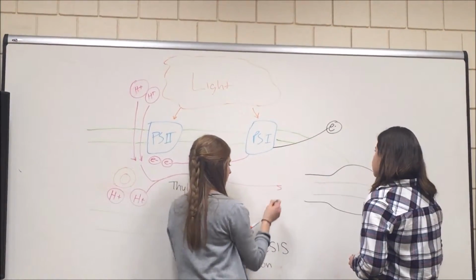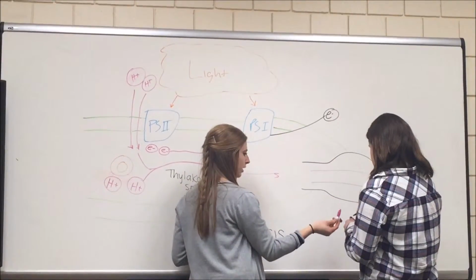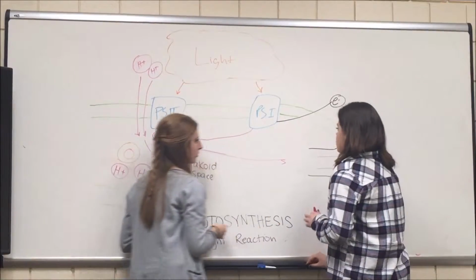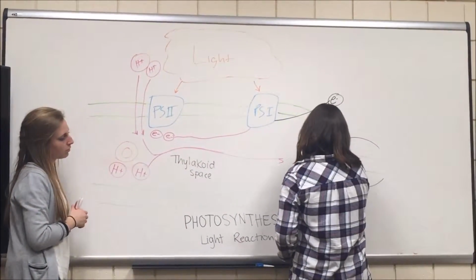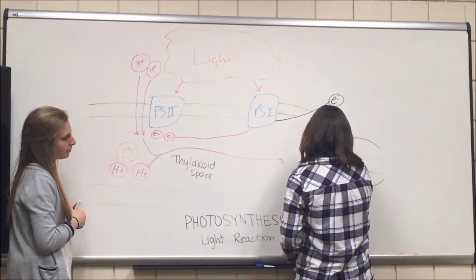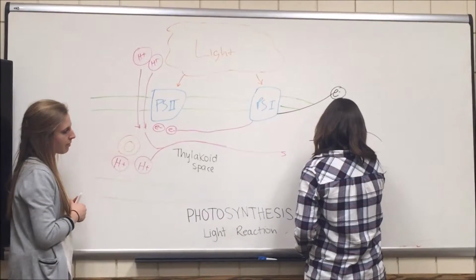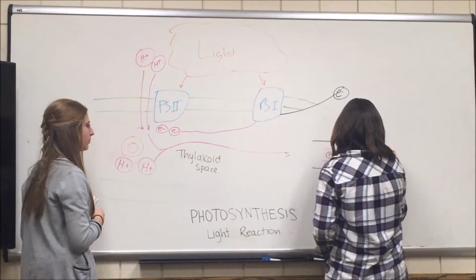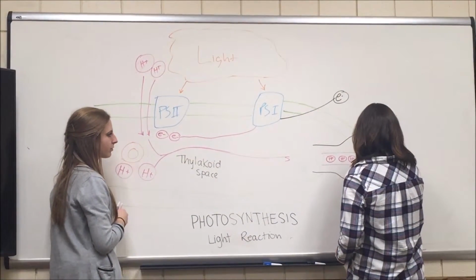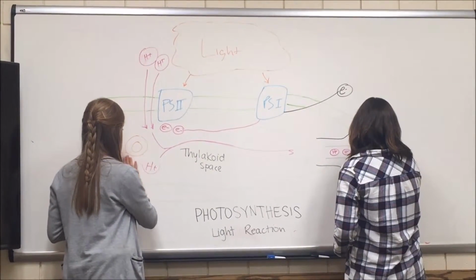And now inside the thylakoid space, as we've shown, there are four hydrogen protons together, while we have an electron that has been replenished in each of the photosystems. We then, through photosystem 1, have an electron that forms with a hydrogen proton to create NADP.